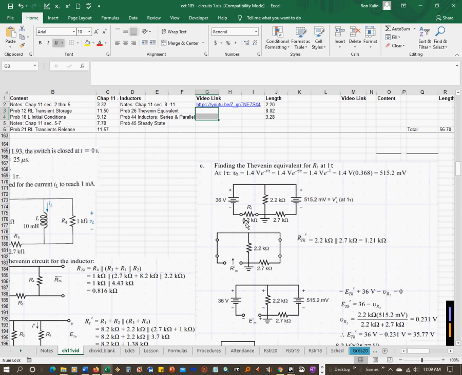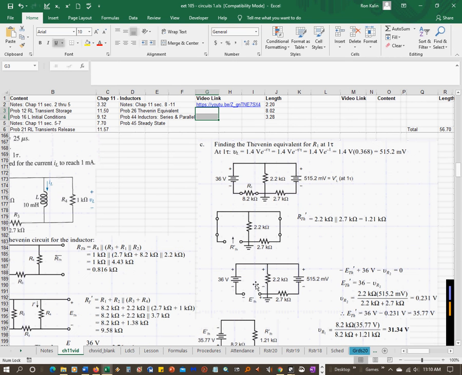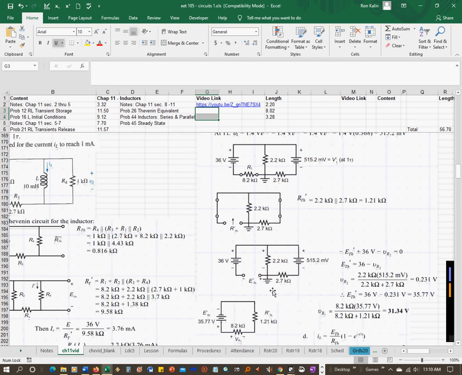So then you take this circuit, take it out of there, and you short out your voltage sources. So now your R Thevenin is this resistor in parallel with this resistor equals 1.21 kiloohms. And then to get E Thevenin, you plug back in your voltage sources and you do a KVL around the loop.